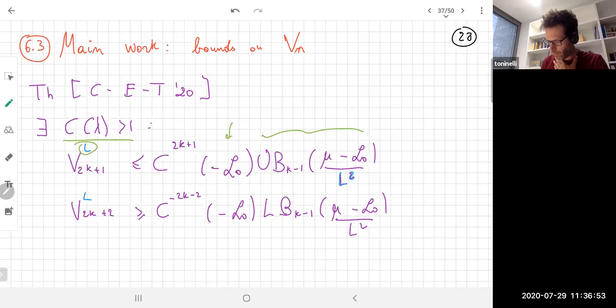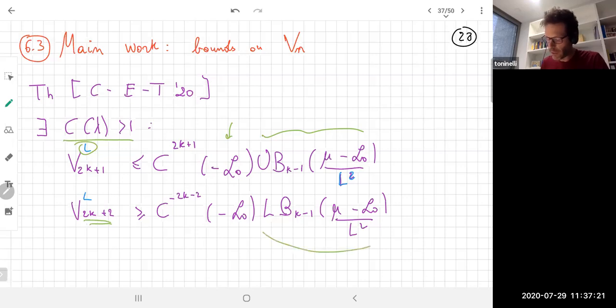The other observation is that while the left-hand side involves this a plus, a minus, all this mess, the right-hand side only involves the generator of the linear equation. This is good, because once you get this, life becomes easy. And for the lower bound for the operators with even index, we get a similar expression, except it's a lower bound.